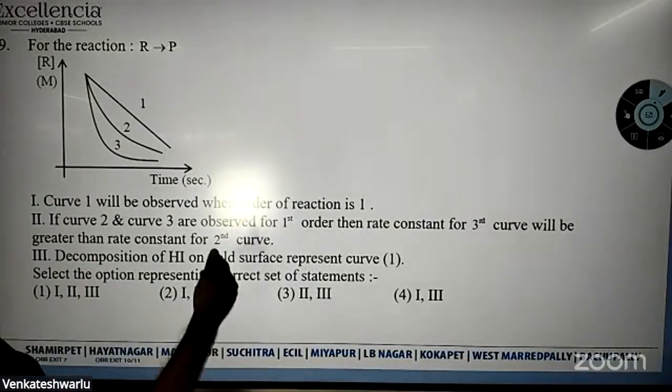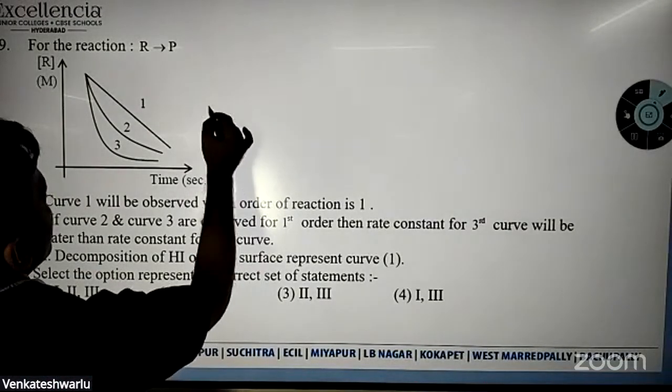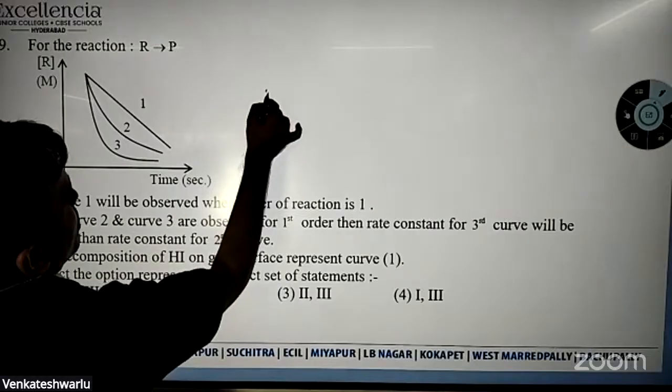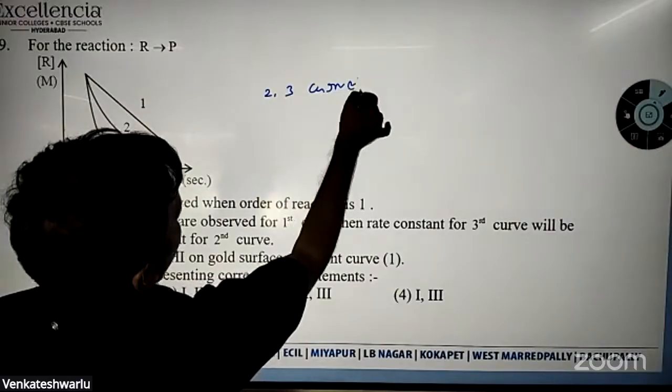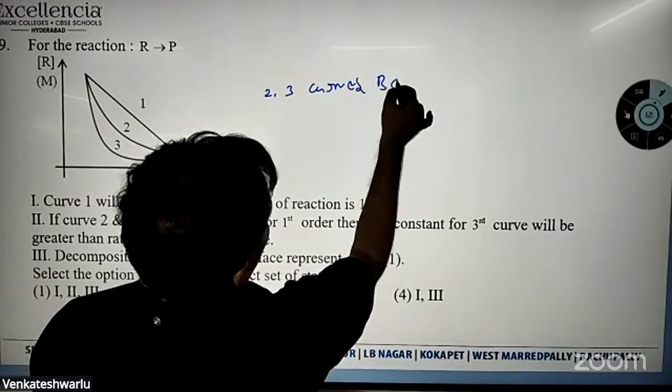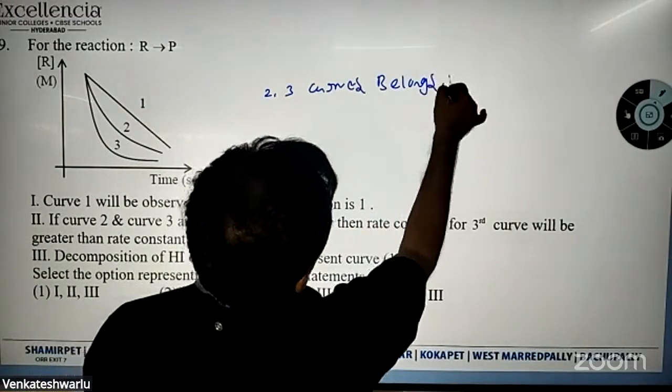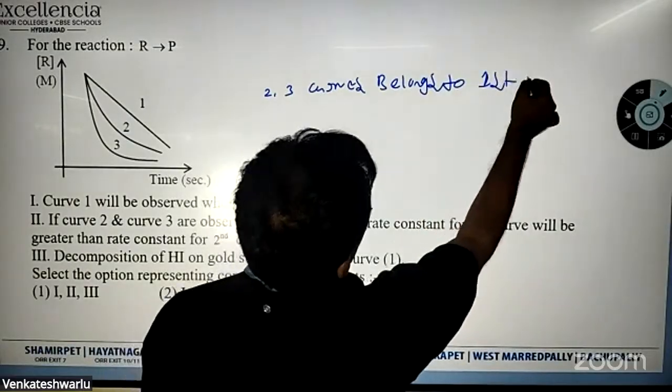Now this is a question related to kinetics again. Curves 2 and 3 belong to first order reaction.